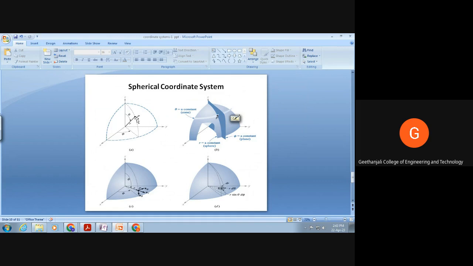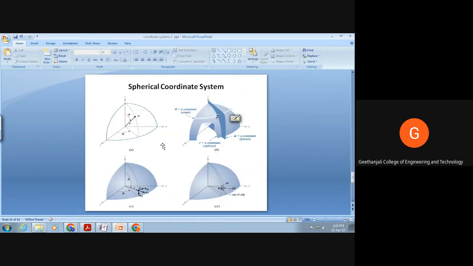Now you can see that it is passing through point P. So phi is the angle with which the xz plane has to be rotated so that it passes through point P. The same way we have defined in the case of cylindrical coordinates. So the limits of phi are 0 to 2 pi, and the limits of theta are 0 to pi.